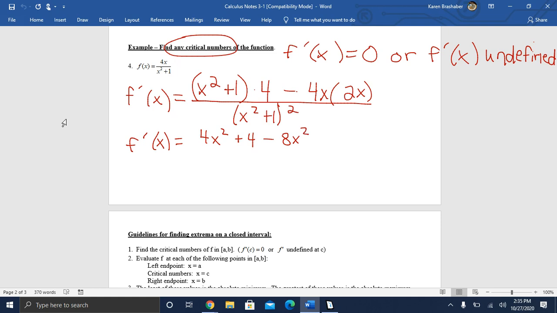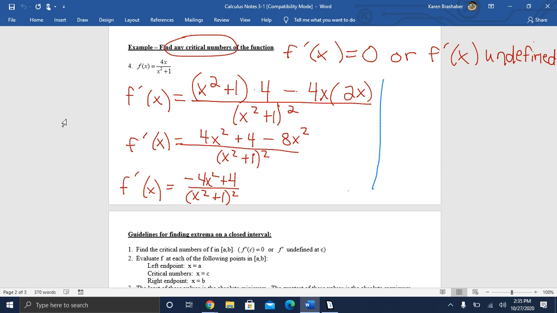And then we can combine like terms, leaving your denominator alone. And so f prime of x would equal negative 4x squared plus 4, over x squared plus 1 quantity squared.